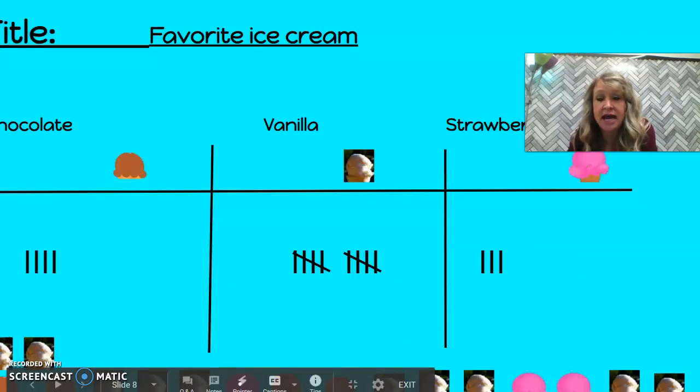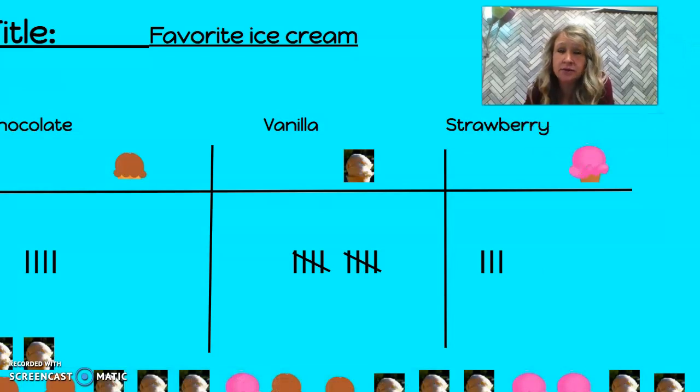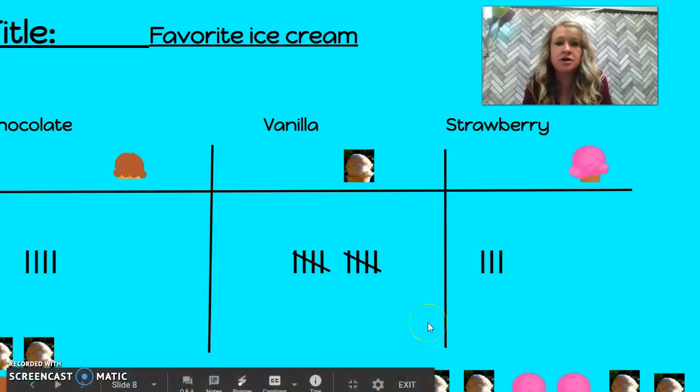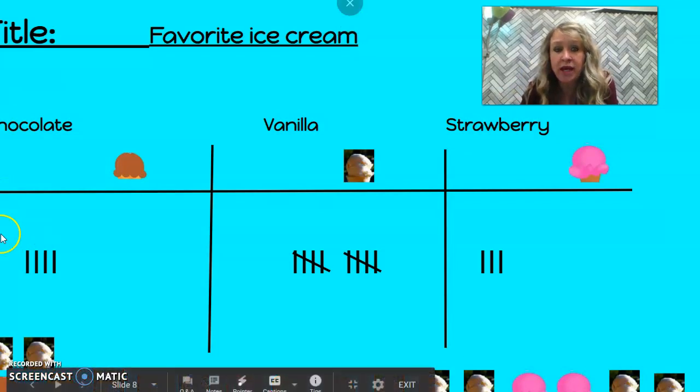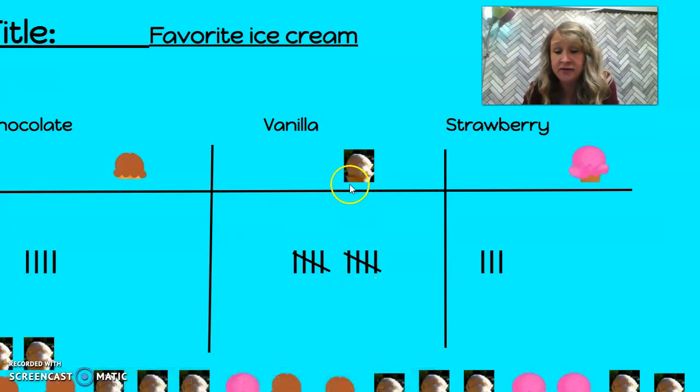Thursday we made a tally chart for our favorite ice cream, so I know how much I need to buy to bring for an ice cream party. So we counted that there were 4 for chocolate, 10 for vanilla, and how many for strawberry? 3 lucky strawberry ice creams.